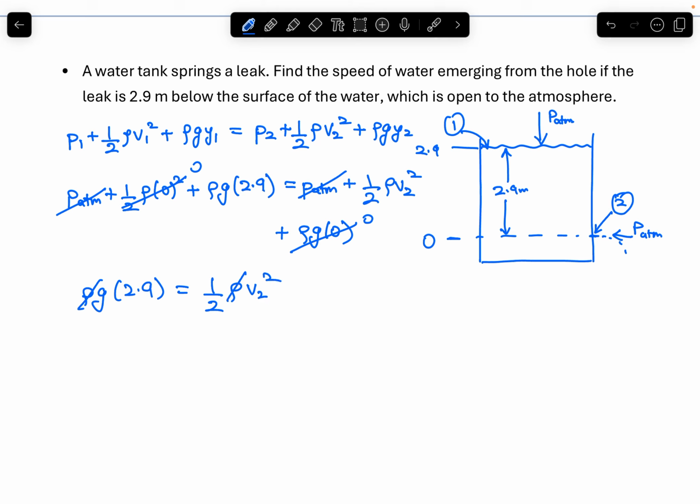Rho and rho are the same, so again we will move things around. V2 squared is 2g times 2.9. We're finding V2, so V2 is 2g times 2.9 under root, which is 2 times 9.81 times 2.9.